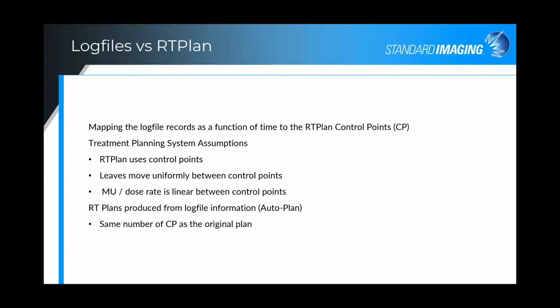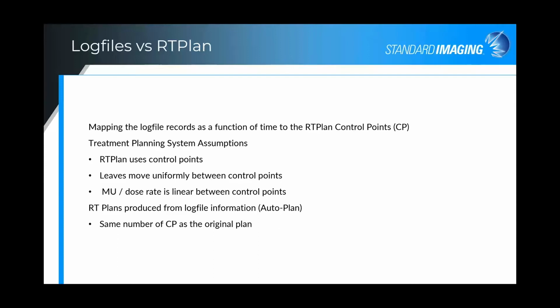And of course, if one is interested in investigating further, the specific RT plan can be produced, and you can set your criteria as well, so that you can produce it with the same number of control points as the original RT plan, or additional numbers of control points.